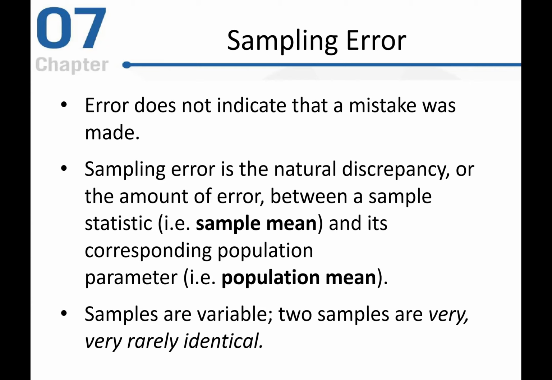The sampling error is the natural discrepancy, or the amount of error, between a sample statistic, in this case a sample mean, which is the statistic underlying a lot of the statistics that we're going to use going forward, and its corresponding population parameter, i.e. the population mean.